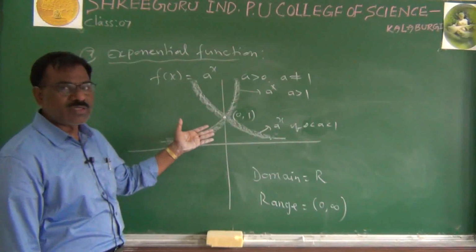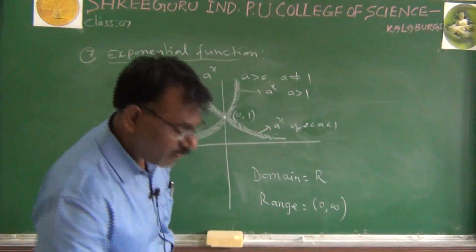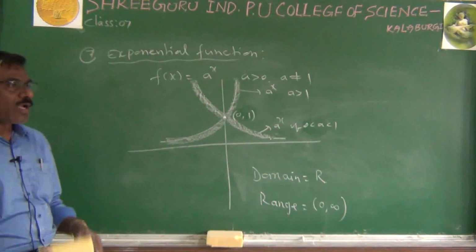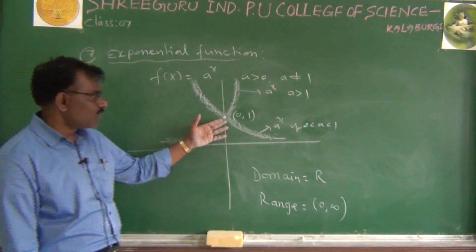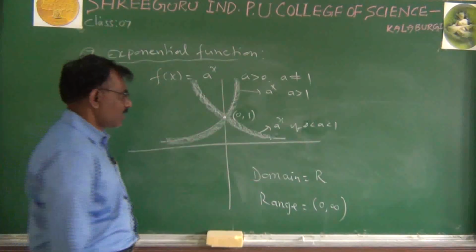What is the name of the graph? It is called the exponential graph. The domain of the exponential function is the real numbers and the range is 0 comma infinity.